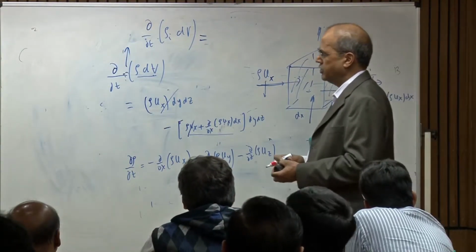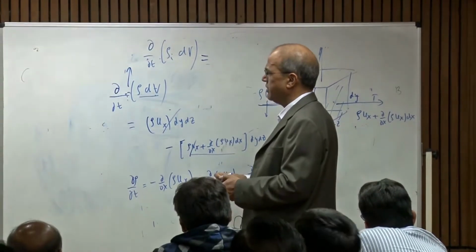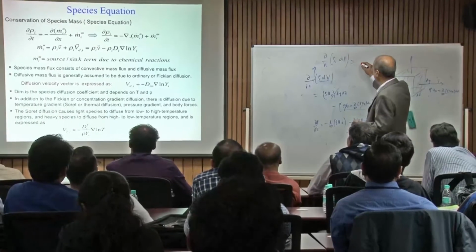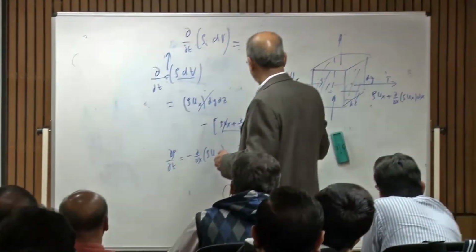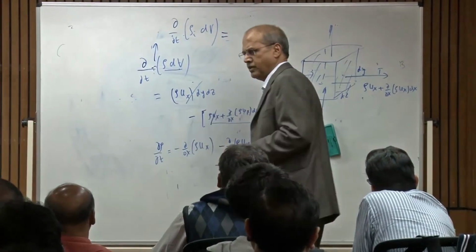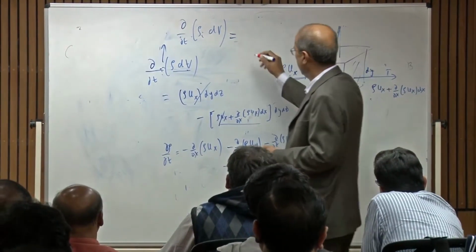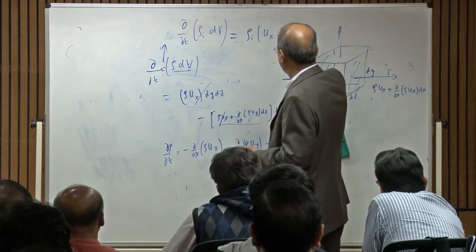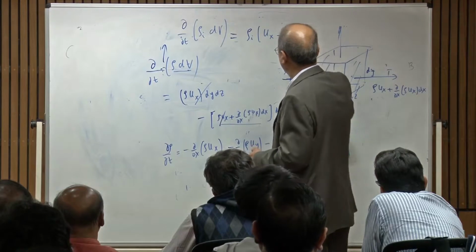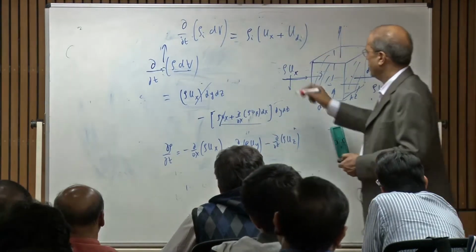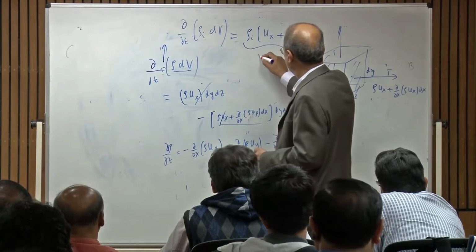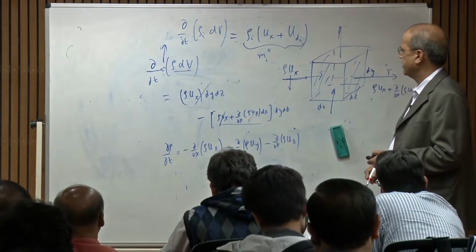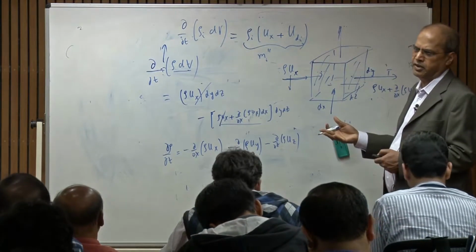So, this flux here includes both the terms. Let us just consider one dimension. Here you just had rho u_x. Now you will have rho_i u_x plus rho_i u_di. Together this is written as m_i double prime, the mass flux of species i.